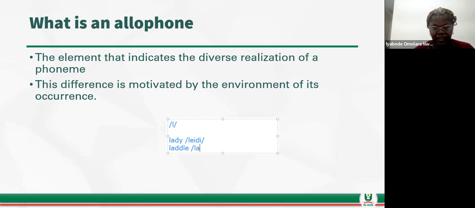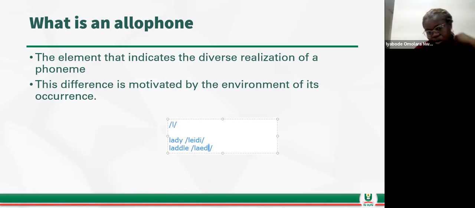Let's just take it like this: Lado. Because it is syllabic, it is sounding different from lady. Even from the same word, the li of la is different from the li of that ending, which is syllabic.